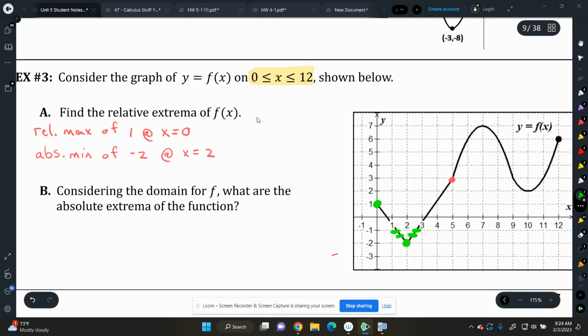We said this is a relative maximum: all of the surrounding values are lower than that. So if we look at this point, that's not the case. We've got some surrounding values that are higher, but then we also have some that are lower. So that is not an extreme value.